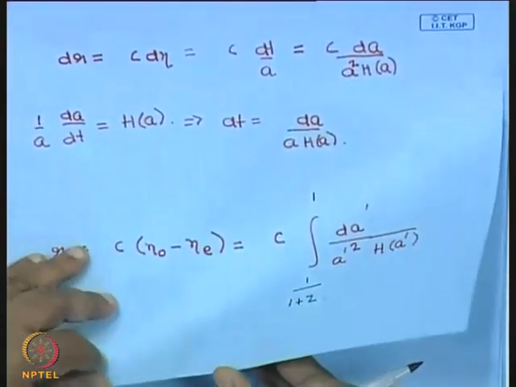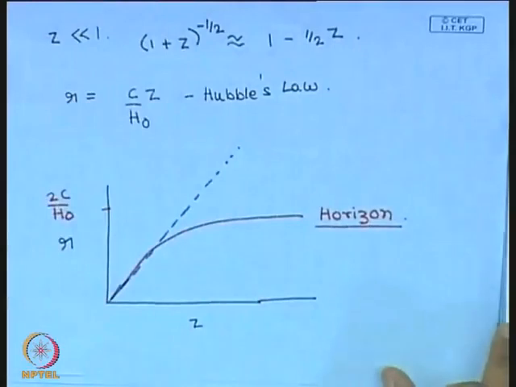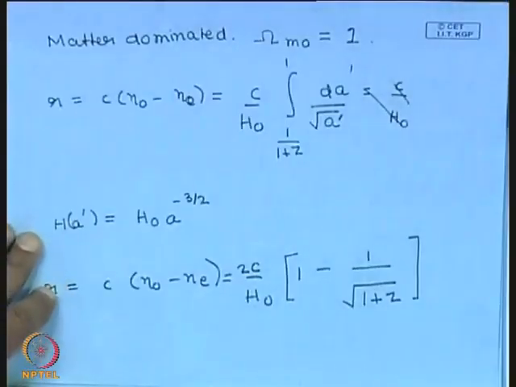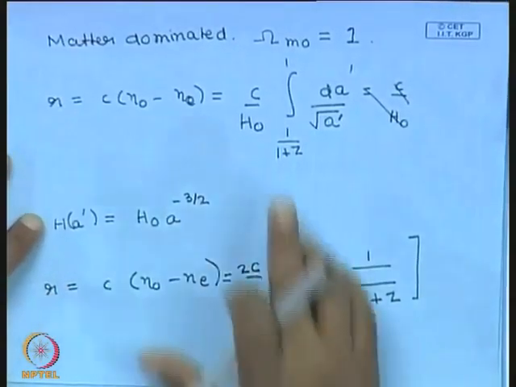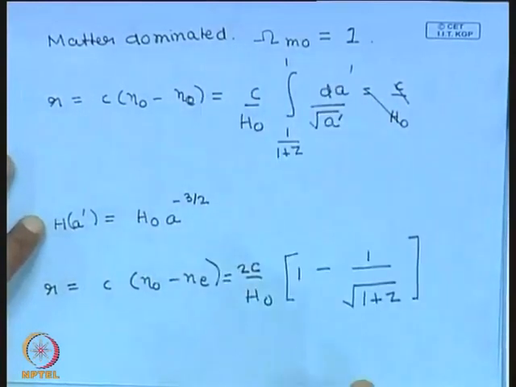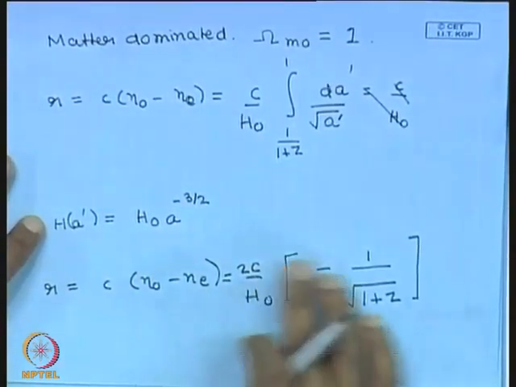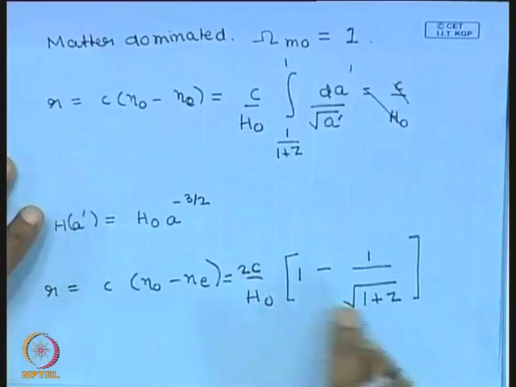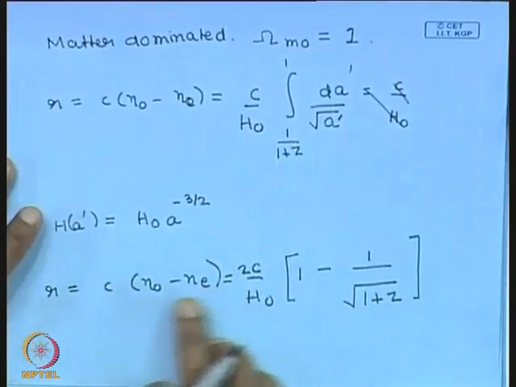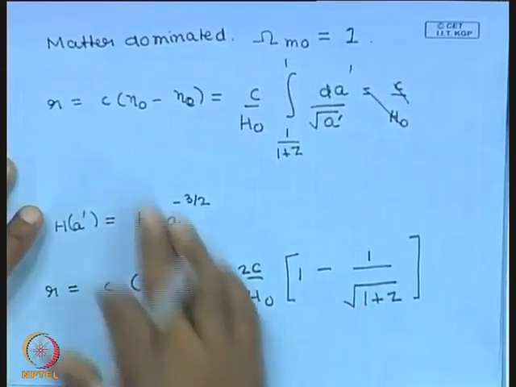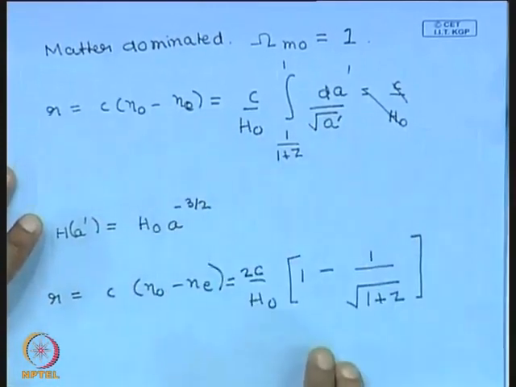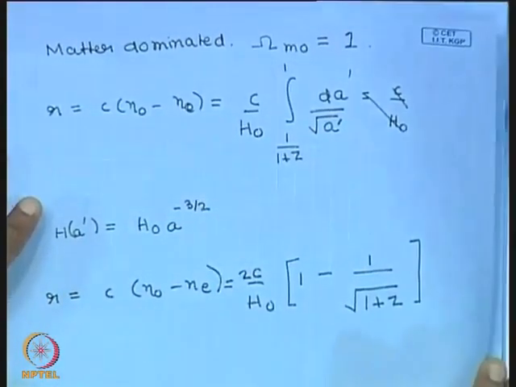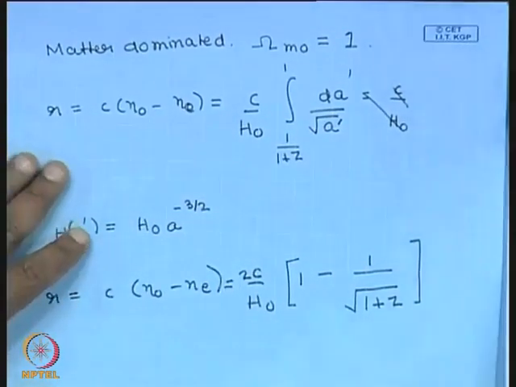So this entire relation, the exercise that we have worked out, is specific to a matter dominated universe. The relation between comoving distance and redshift, the difference in conformal time and redshift, everything will get modified if I change the constituents of the universe. Okay.